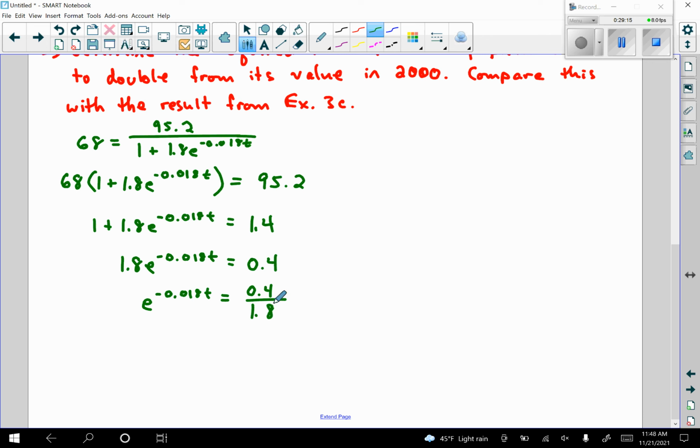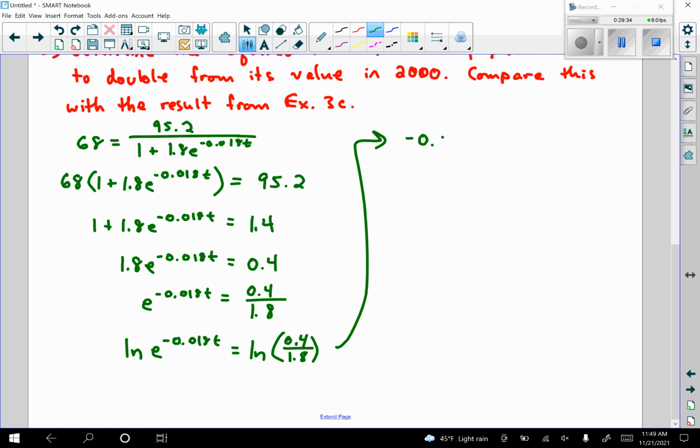We'll take the natural log of both sides. Continue this over here. Natural log of e is just going to turn into a 1 there, so we just get the exponent that drops down, and we'll divide this natural log by this decimal.